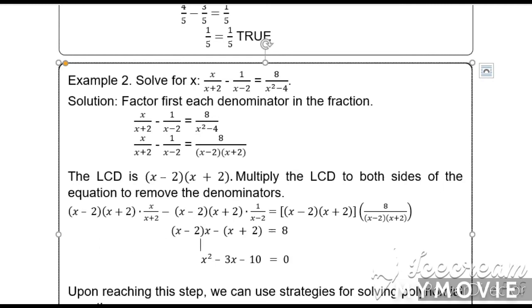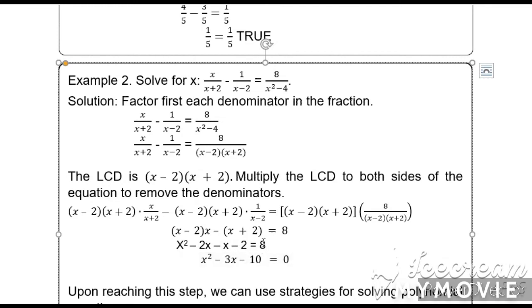So again, x times x, that is x squared, minus 2 times x is negative 2x, minus x, because we have negative times x, negative x, negative times positive 2, that is negative 2, equals 8. So to simplify, it becomes x squared, negative 2x and negative x is negative 3x. Then we have here negative 2.